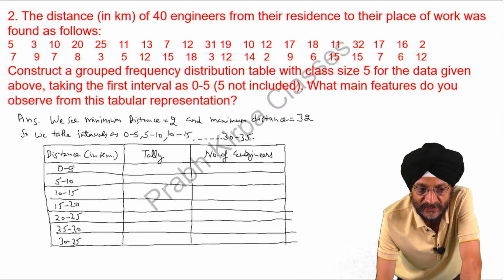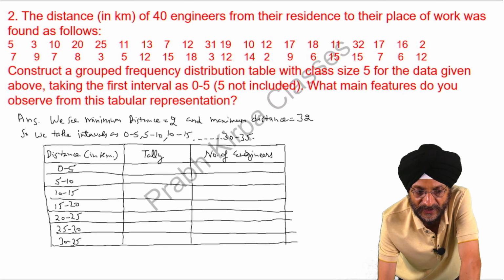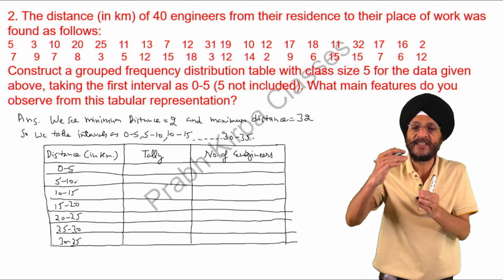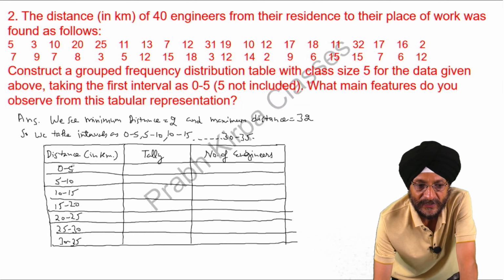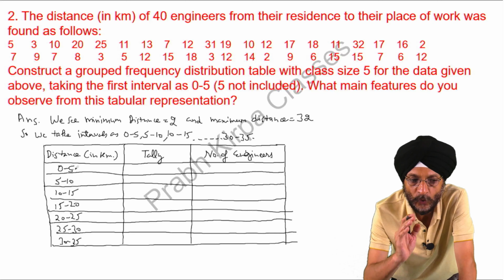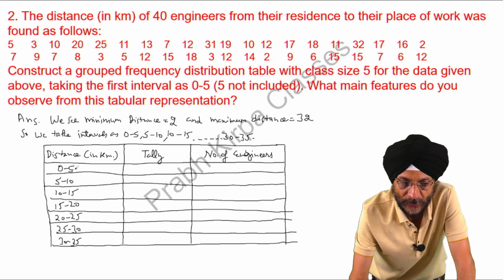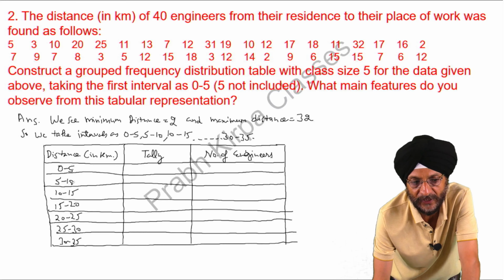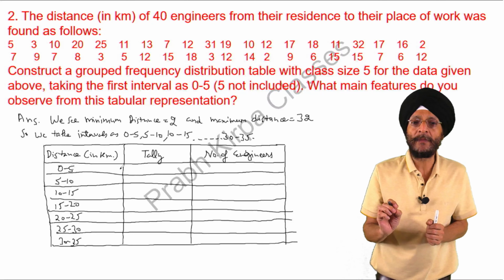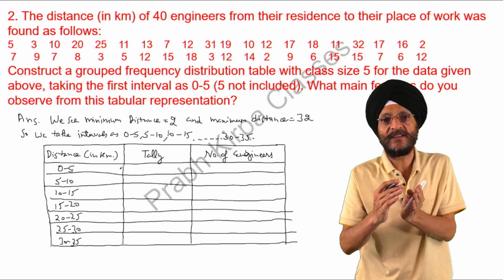The highest value of the interval will not be counted in that group. This is the convention that we will follow here: all the engineers who travel less than 5 will be counted in the first, and 5 and above but below 10 will be counted in the second. So this is to be remembered, because this is the convention we follow.